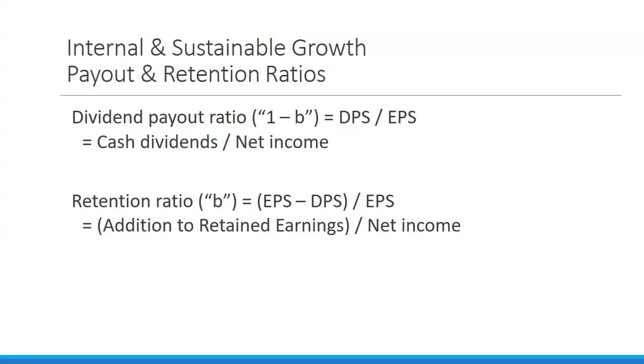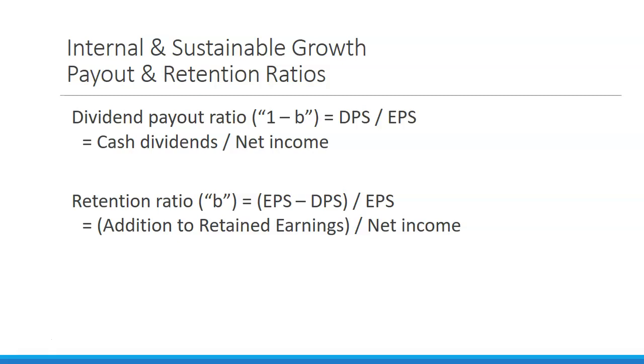The next ratios that we're going to talk about are growth ratios. These growth ratios are dependent on the amount of cash dividends we pay out and how much of our net income we retain. That's our retention ratio: how much of the net income we retain for internal use.